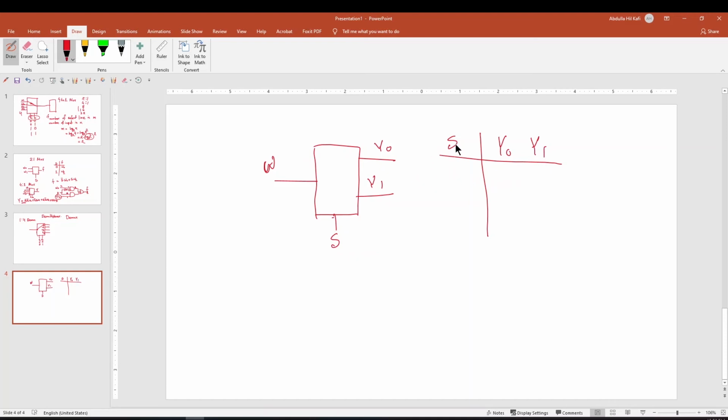When S is 0, y0 will be W, and when S is 1, y1 will be W.